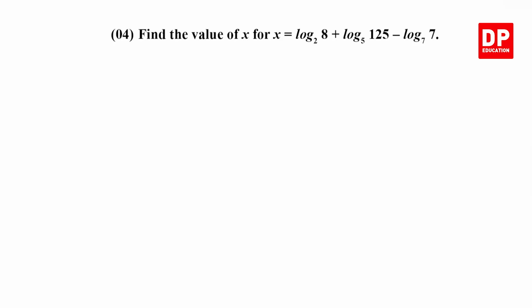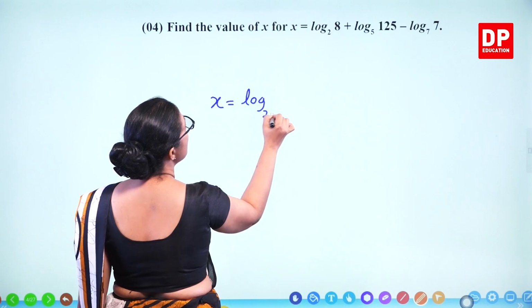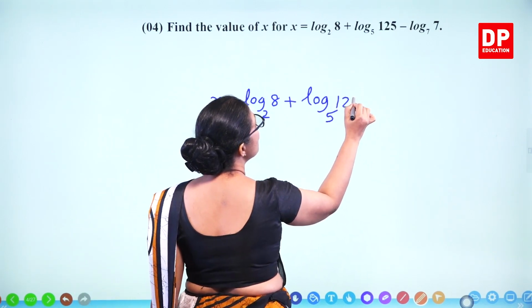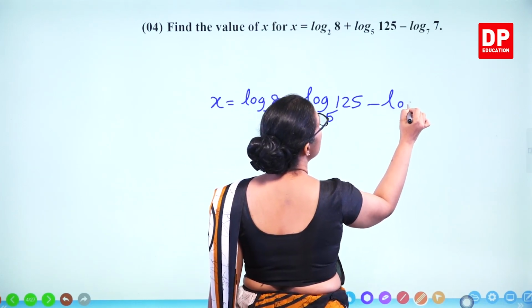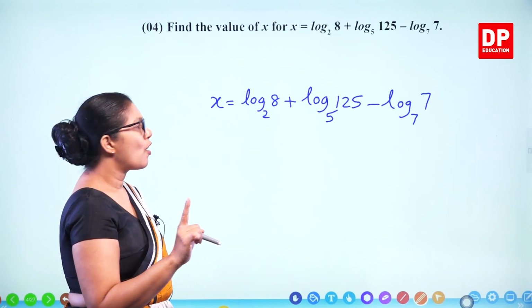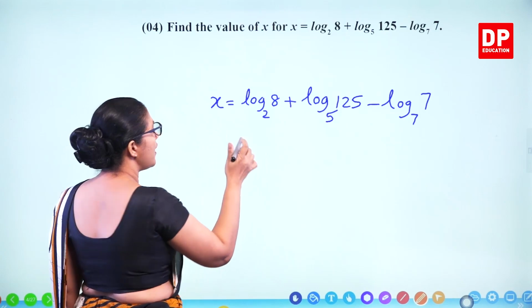Question number 4. Find the value of x for x equals log 2 base 8, plus log 5 base 125, minus log 7 base 7. You can't use laws of logarithms with different bases, so you have to do them separately.